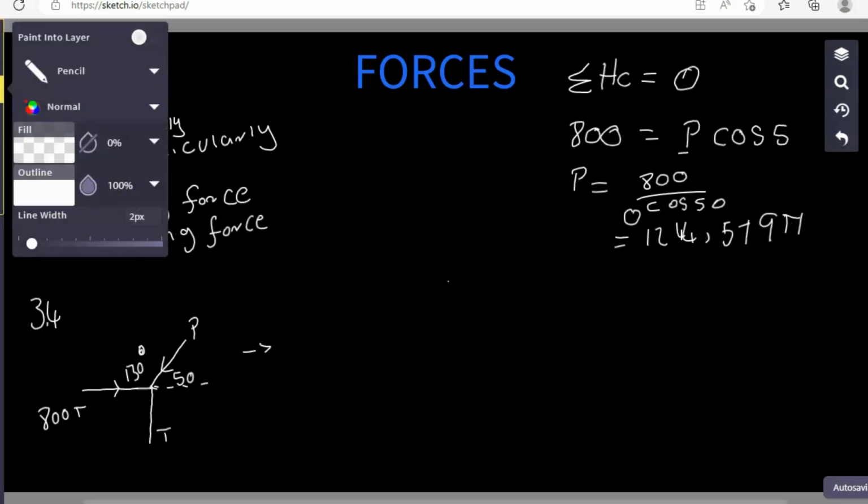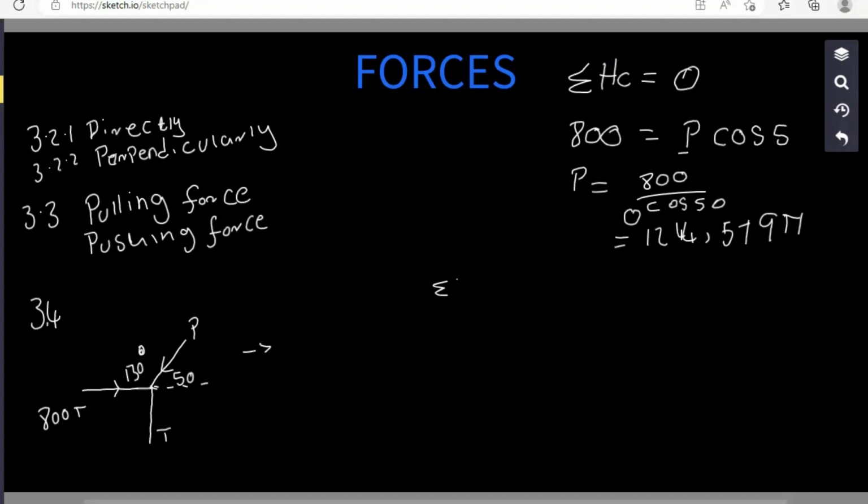We say the sum of the vertical components equals 0. The force T is going up according to the diagram that we are given. So our T will be going up. It's equal to the component of P. The component of P that is going down will be P sine 50, which is the vertical component.